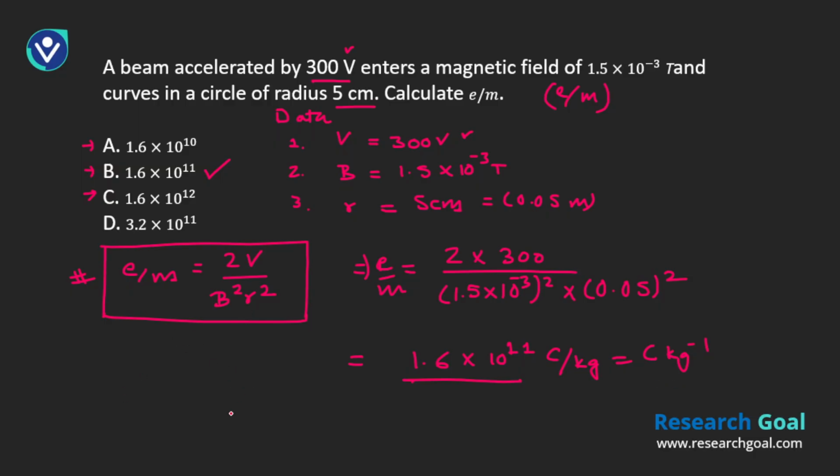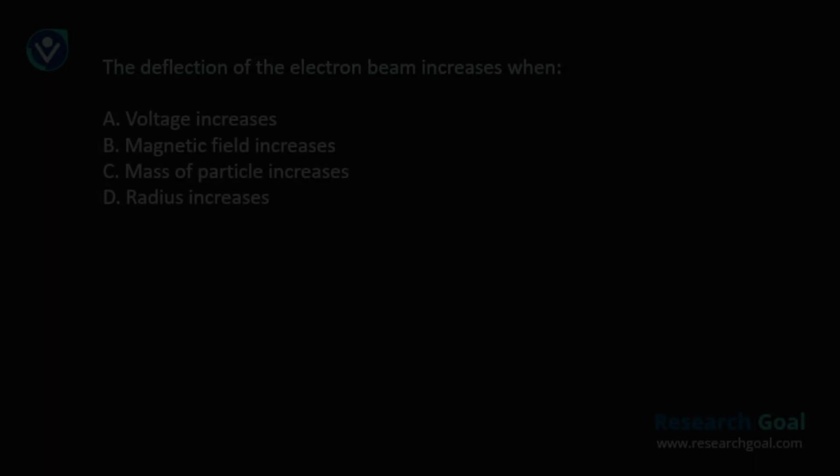So this is how you're going to solve these kinds of questions, and they are very important because they require you to understand the formula and the concept, and also to apply that concept and solve the equations, and then you are able to give the correct option. In this case, the correct option is B. Try some more questions like this and see if you're able to solve these easily.